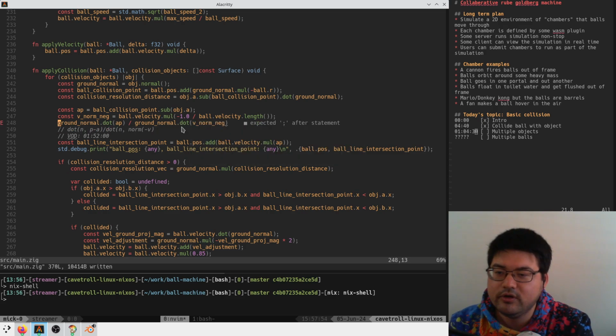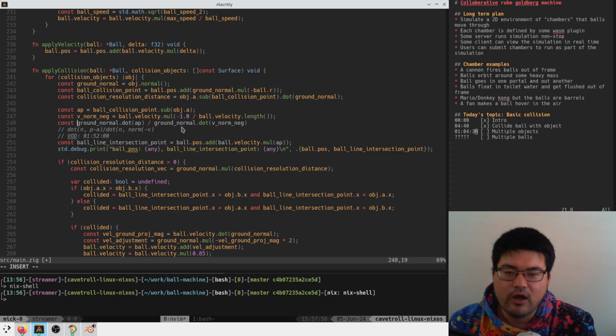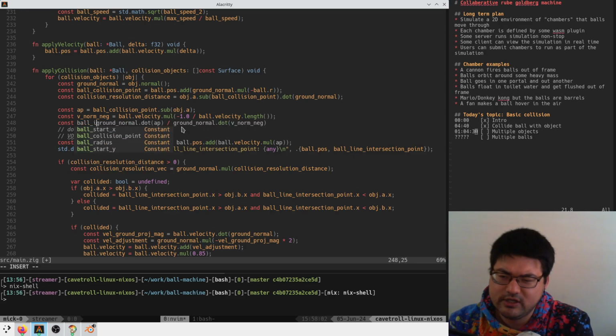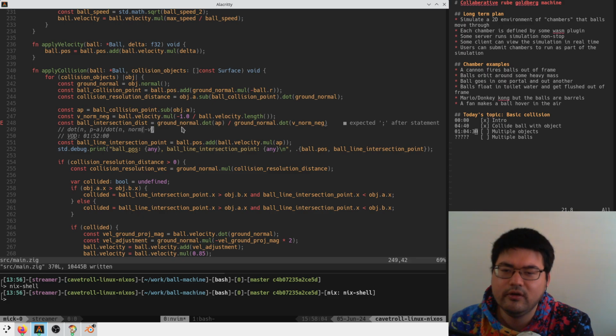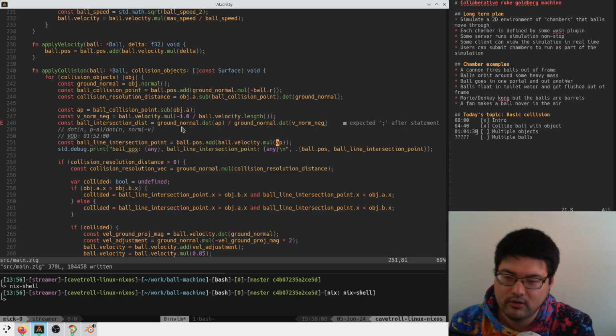Okay, so this is const ball intersection dist, and we have to multiply the velocity by that distance. But this velocity should be the norm version.